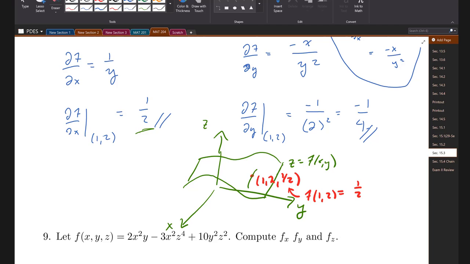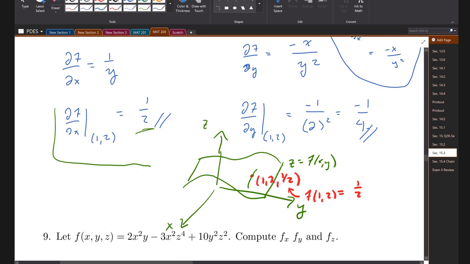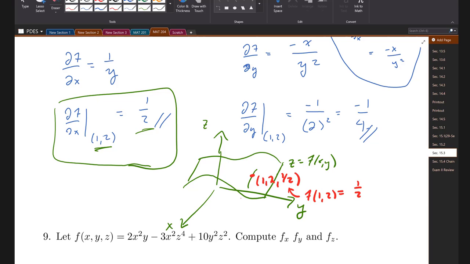Yes. So we found that the partial of f with respect to x evaluated at the ordered pair 1 comma 2 was 1/2. That means if I go to that point on the function, that red point right there, and then I step along in the positive x direction, my value should be rising at a rate of about 1/2 for every 1 unit I go over.